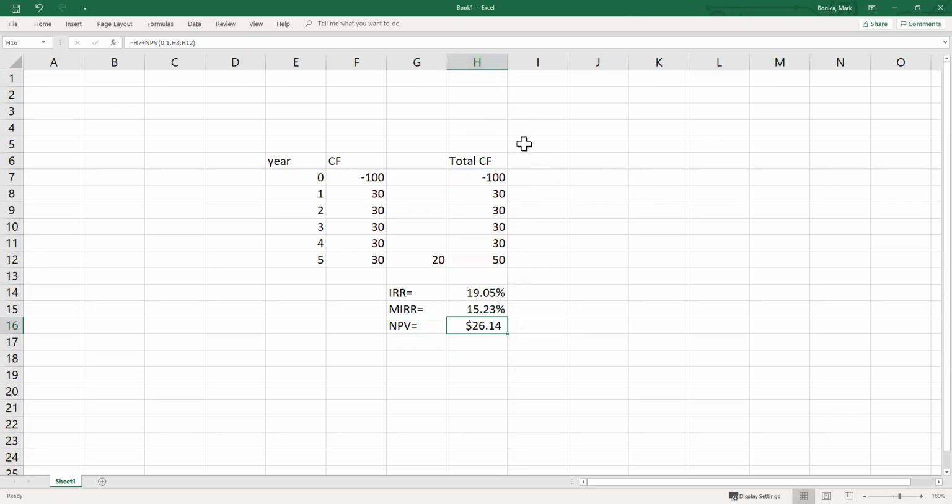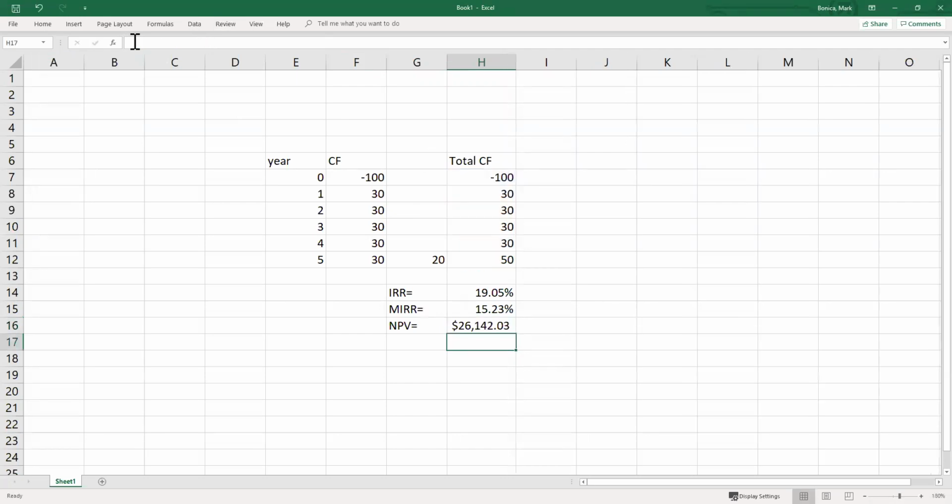And, because I did this in thousands, or I dropped the thousands, so that's 26.14, which should be 26,142. So just multiply that by 1,000. There you go. There's your 26,142.